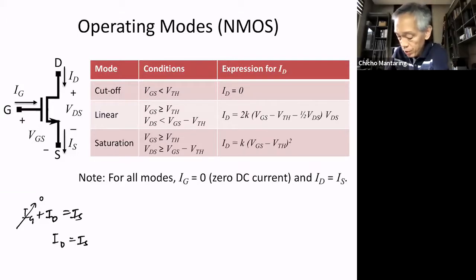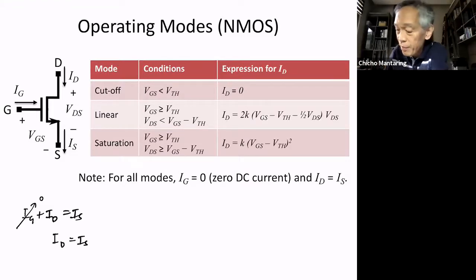Okay. So there are 3 operating modes: cutoff, linear, and saturation. The cutoff mode for the MOS transistor is similar to the cutoff mode for the bipolar transistor. In the bipolar transistor, if your base emitter junction is reverse biased, that is the condition for cutoff, then your base current is 0 and your collector and emitter currents are also 0.